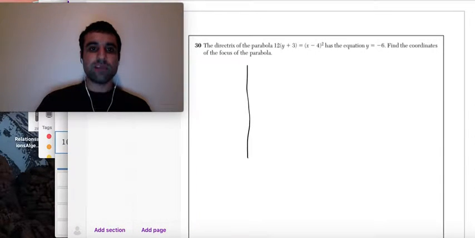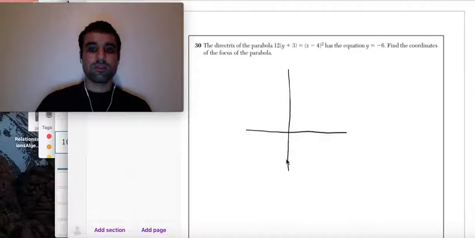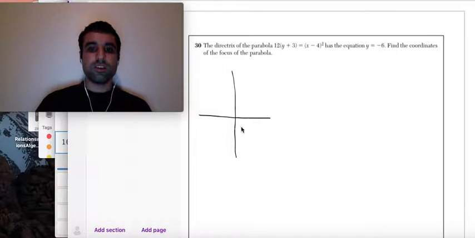So if we have an xy grid, I'm sorry, let me fix this. If we have an xy grid, on this side I'll do the grid as negative 1, 2, 3, 4, 5, 6. So negative 1, negative 6 is our directrix, y equals negative 6.